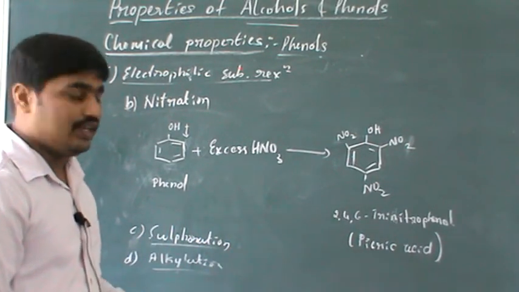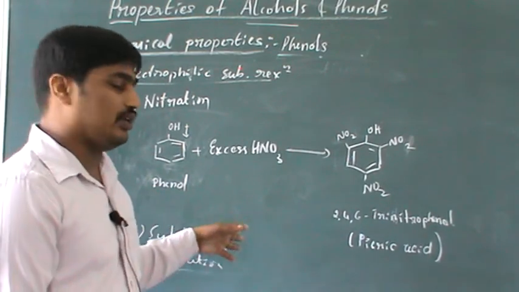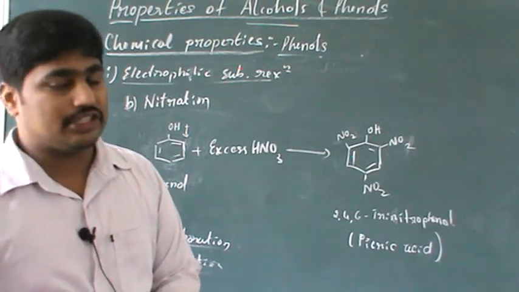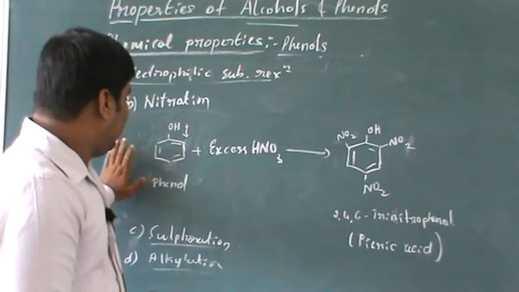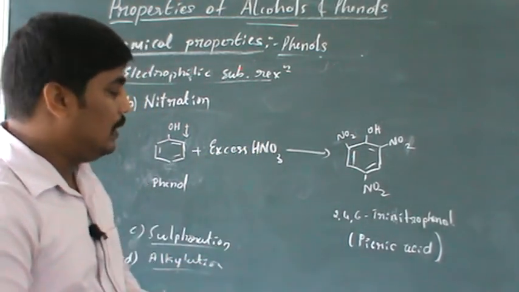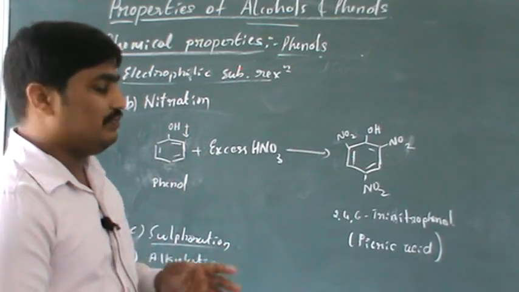This is the homework for you: please try to identify the products of sulfonation of phenol, alkylation of phenol, and acylation of phenol. The important part is nitration. Here, phenol is treated with excess nitric acid, then it produces picric acid. I think it is a new thing, therefore it is very important.